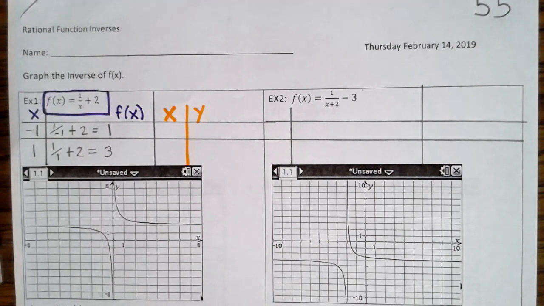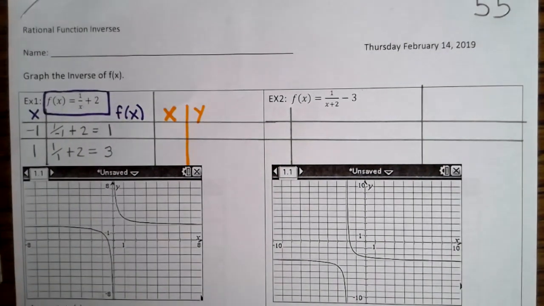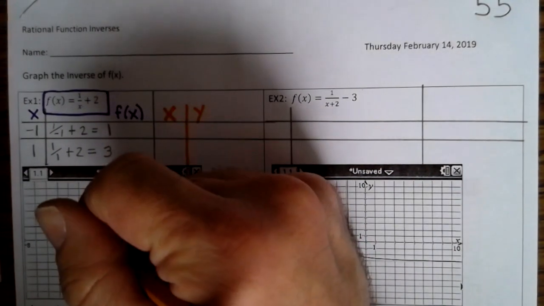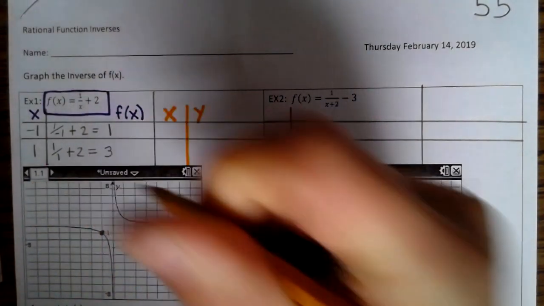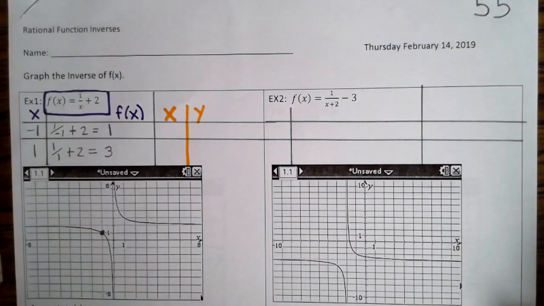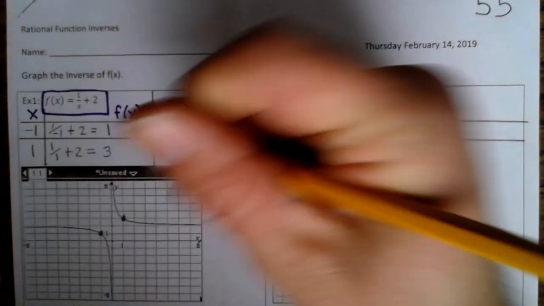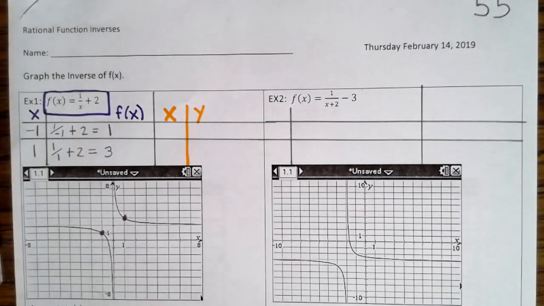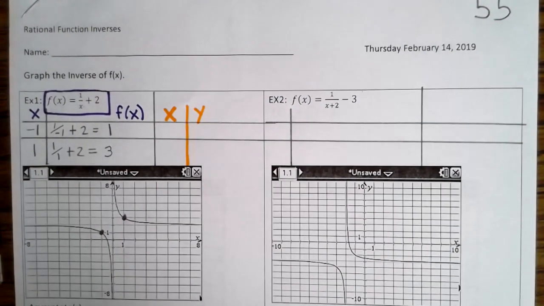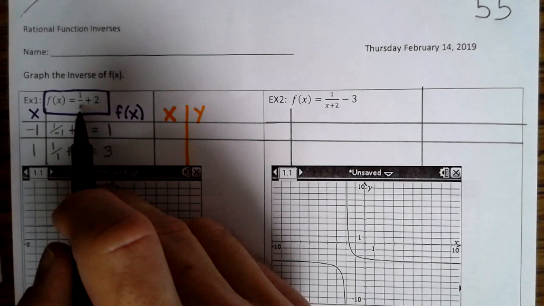So let's go ahead and graph those points. So negative 1, 1, and 1, 3. Now, for asymptotes, we see here that if we substitute x equals 0, 1 divided by 0 will be undefined.